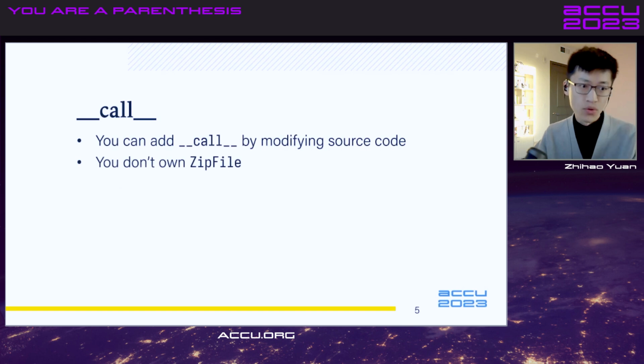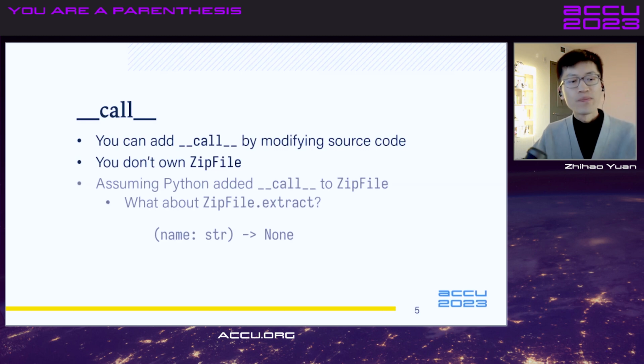But you don't actually own ZipFile, which is a type in the standard library. Let's say you own ZipFile, the standard library type, and you can actually add a double underscore __call__ to it.